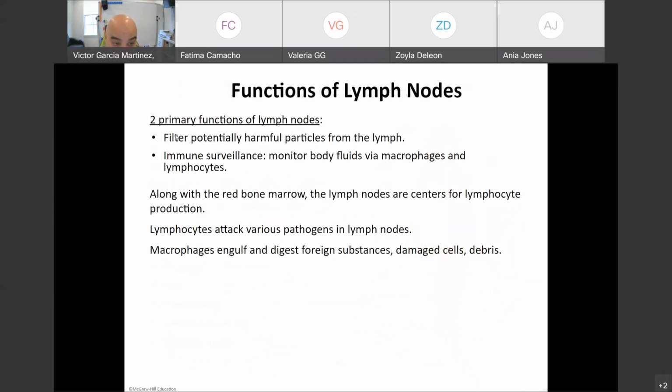They are filters, again, filters for potentially harmful particles from the lymph. And they are as well the immune surveillance. Then we're able to be vigilant of our blood because we have macrophages and lymphocytes there.